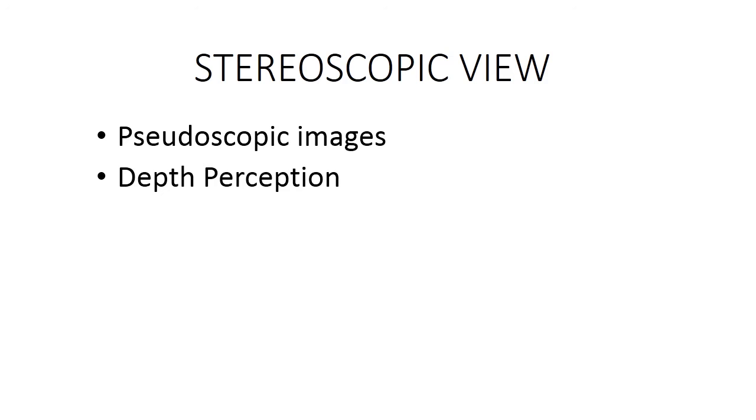The brain associates the distances dA and dB with the corresponding parallactic angles. The depth between points A and B is dB minus dA, that is, depth of B minus depth of A, and is perceived as the difference between these parallactic angles.